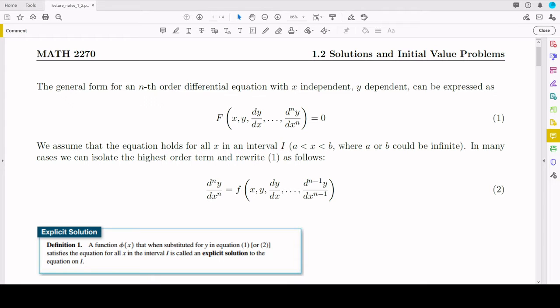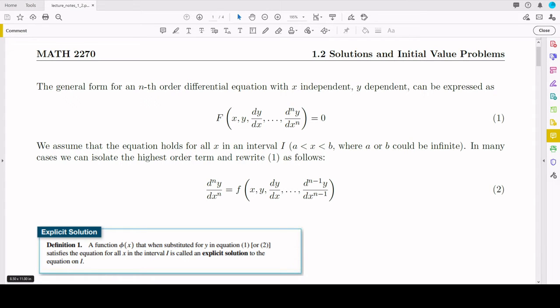And in many cases, we can isolate the highest order term and rewrite equation 1 as follows. The nth derivative of y with respect to x is some kind of function of x, y, and then lower order derivatives of y. Now, to find an explicit solution to this differential equation means the following.